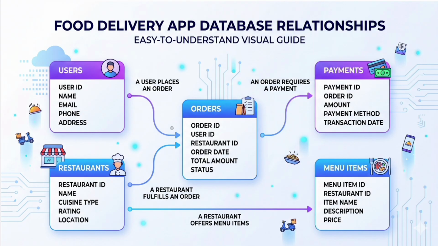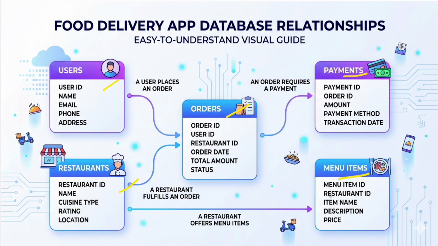Now let's understand the relationships in the database. In a food delivery app, data is not separate forever. Different tables are connected to each other, such as users, restaurants, orders, payments and menu items. All these tables are interlinked.